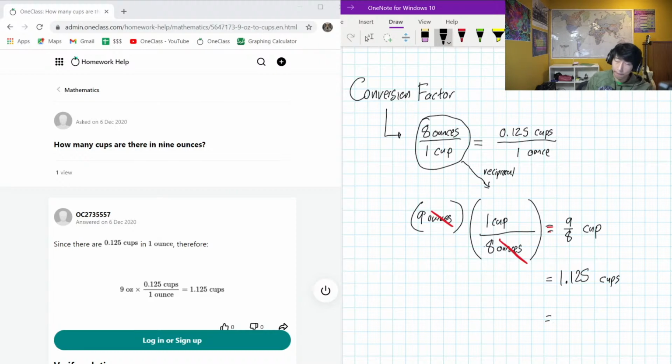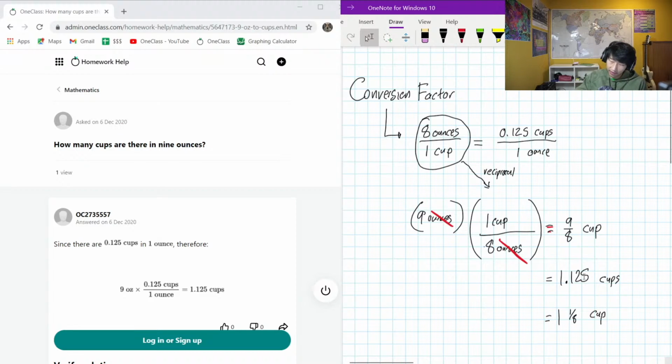Or if you're a chef in the kitchen, it might be better to write this as 1 1/8 of a cup, because you would get your 1 cup measurer, and then you would get your 1/8 cup measurer, and then you'd combine them.